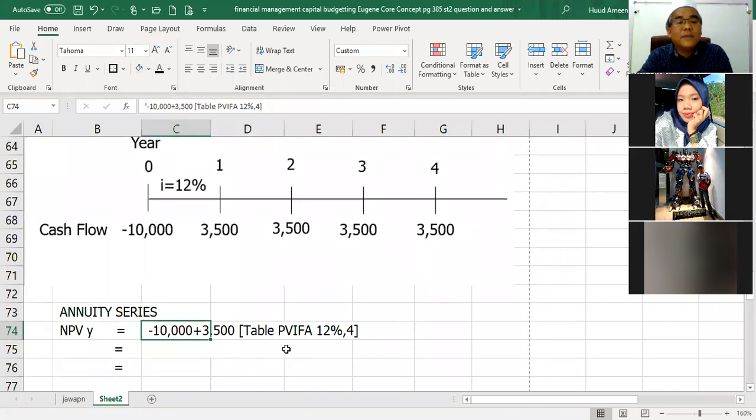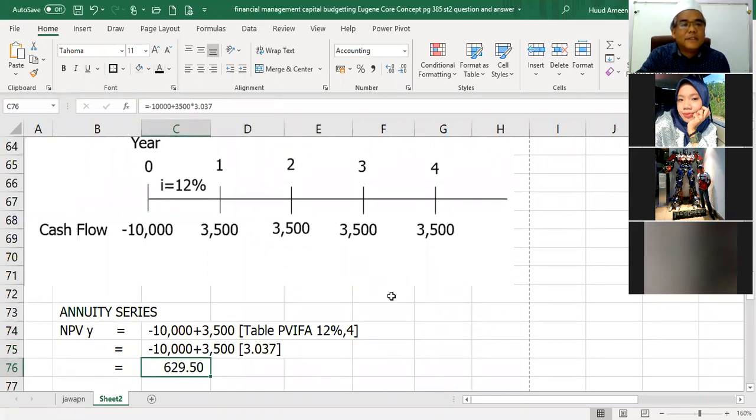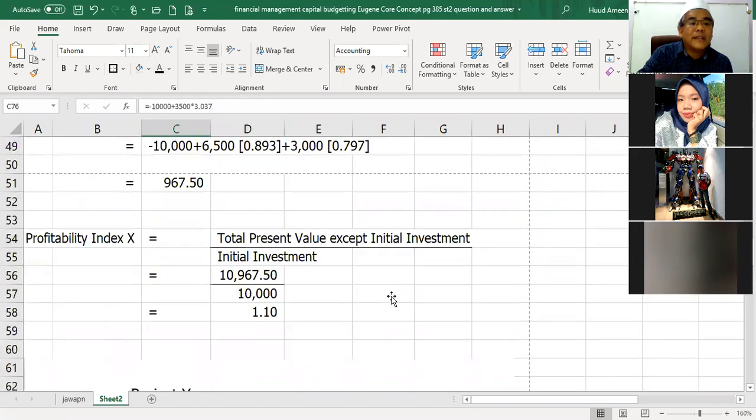So you use table PVIFA, or table A4. Then you will get the amount of 629.50, compared to project X, where you get 967.50.